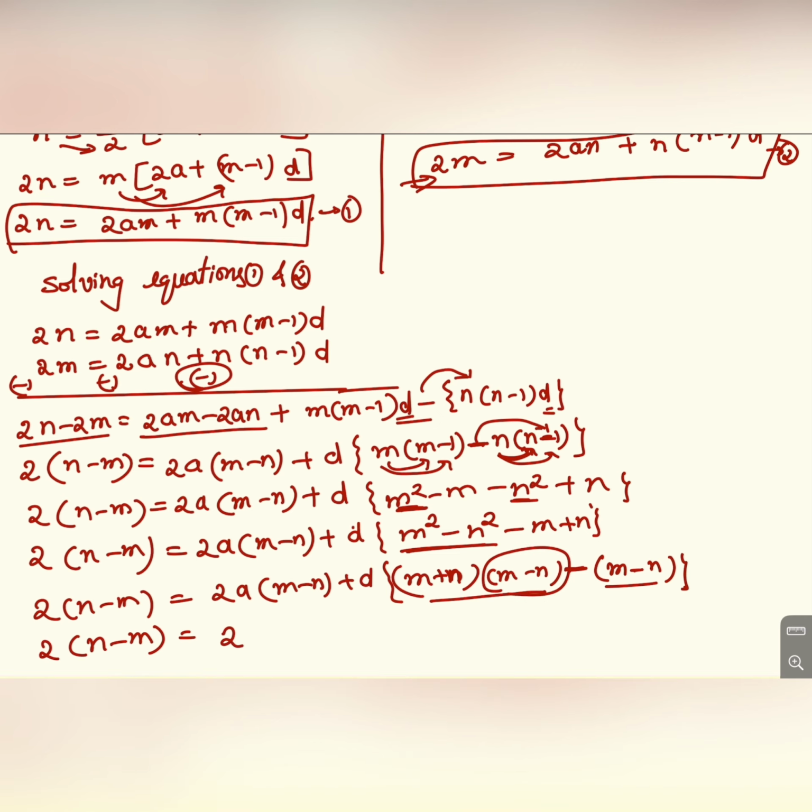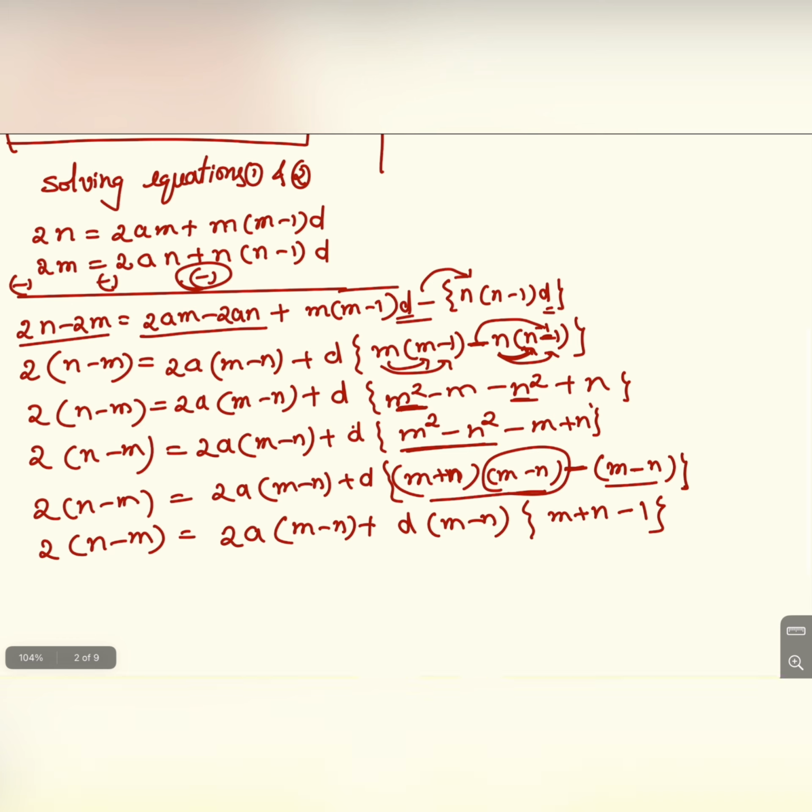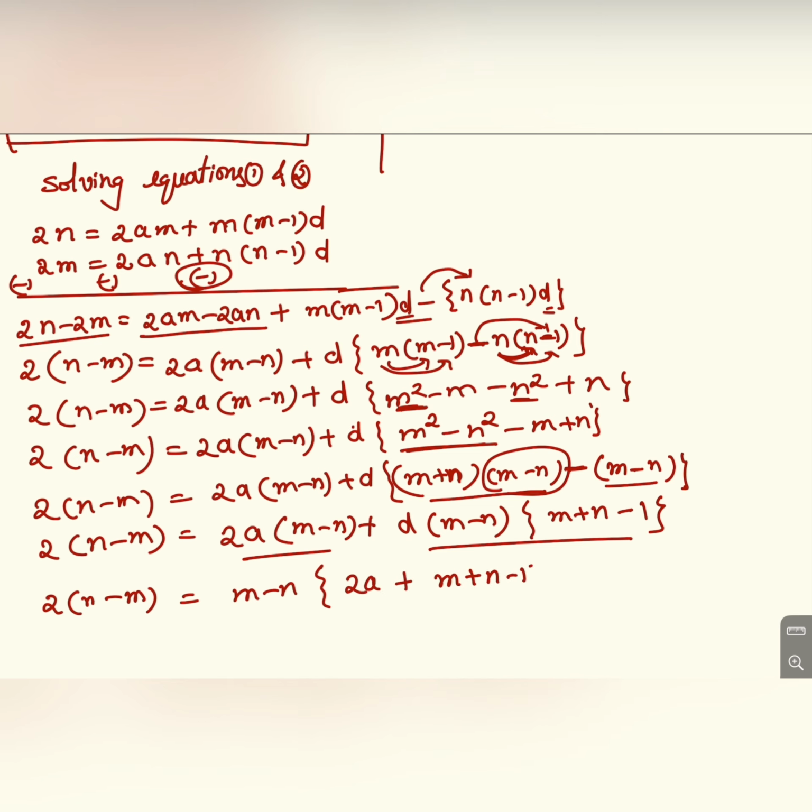So let me take out that 2a into m minus n plus d into m minus n is common, and m plus n minus 1 will be left inside the bracket. Now in these two terms, m minus n is common, so let me take out that. n minus m is equal to m minus n common into 2a plus m plus n minus 1 into d.